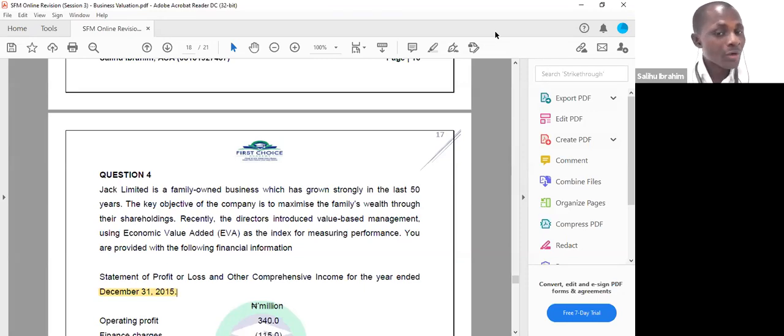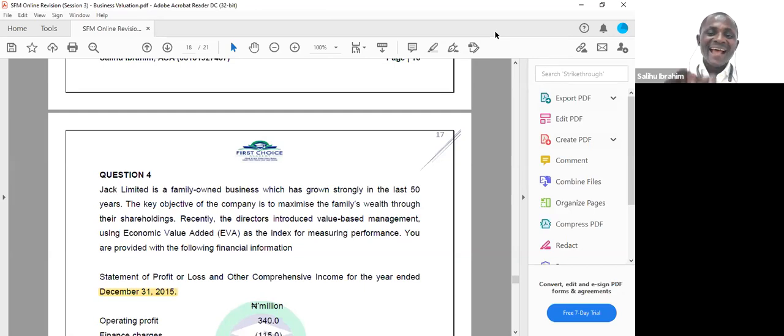Beginning. So the beginning is 1/1/2015, right? So the capital I use to generate that profit is the one I need for the computation of my EVA, not capital at the end of 2015. And obviously, capital at the beginning of 2015 is equal to the capital at the end of 2014.